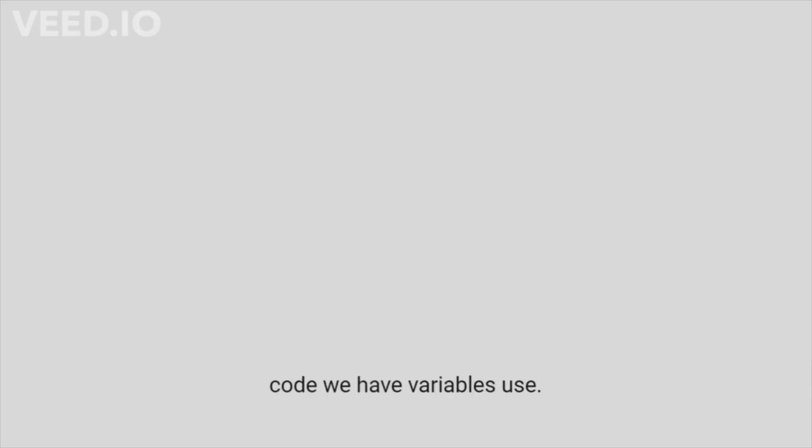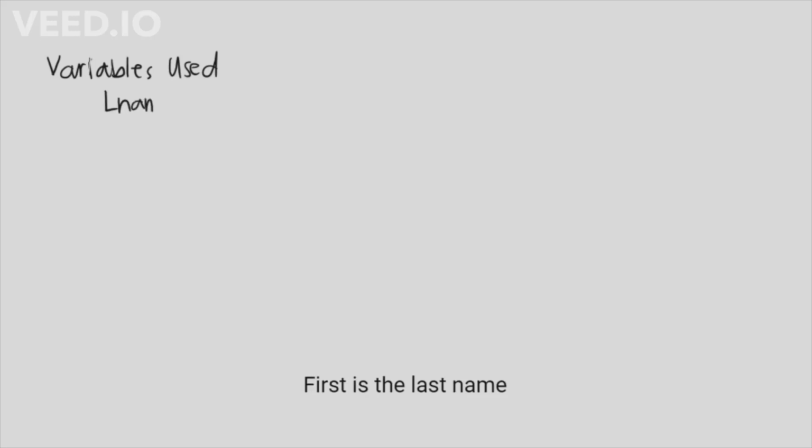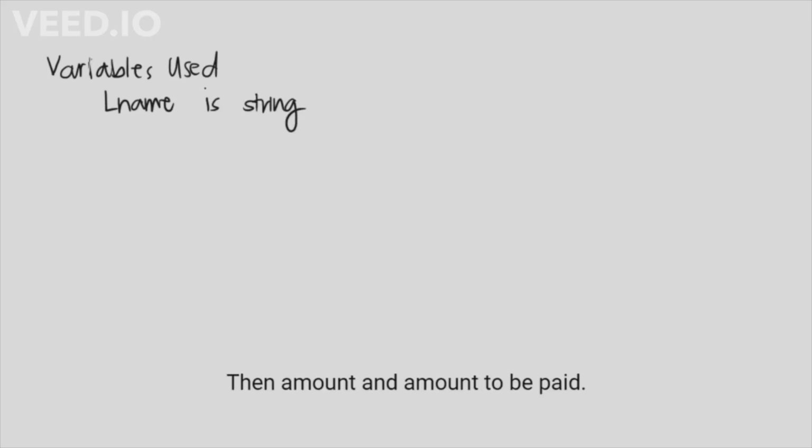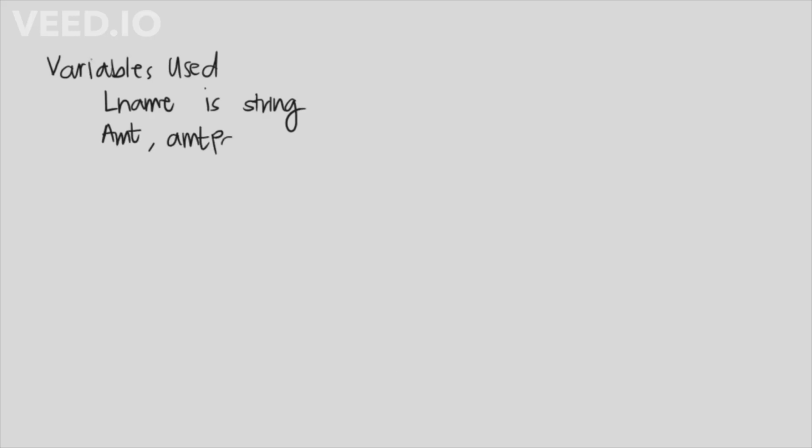For the pseudocode, we have variables used. So we have a lot of variables. First is the last name. Last name is a string. Okay, then amount and amount to be paid are numeric.